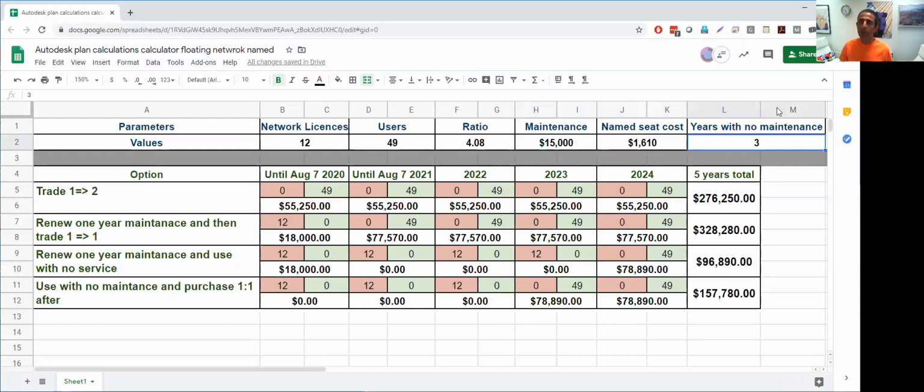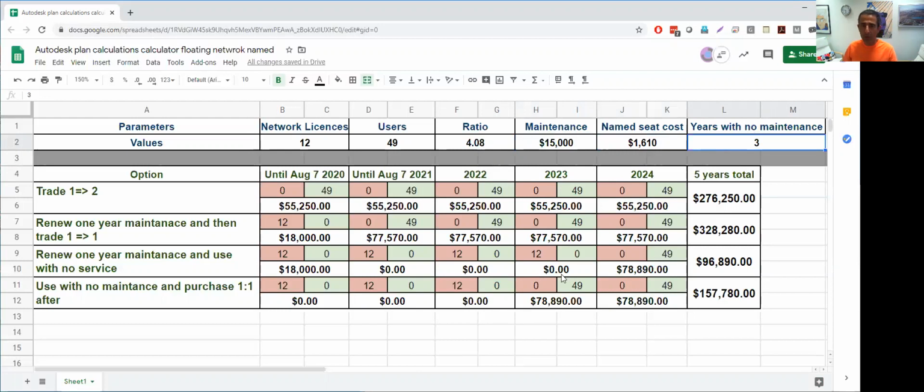This is the number of years that you can assume you can use the same version of licenses without upgrade, without support, and how many years can you cope with that? And we'll test the sensitivity of the model for each.